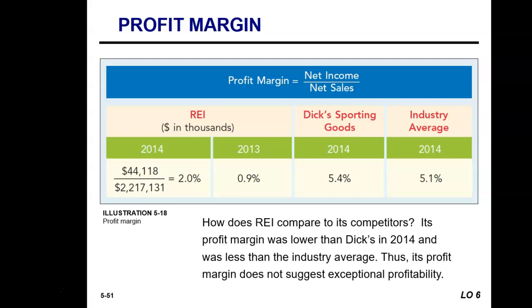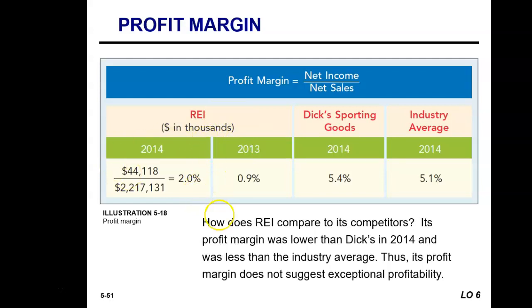So what's that telling us? It's saying that for REI, they have higher operating expenses than does Dick's Sporting Goods, because overall, their profit margin is only 2% of their sales amount compared to 5.4% for Dick's Sporting Goods. So that tells me that in between gross profit and income from operations, you have your operating expenses.